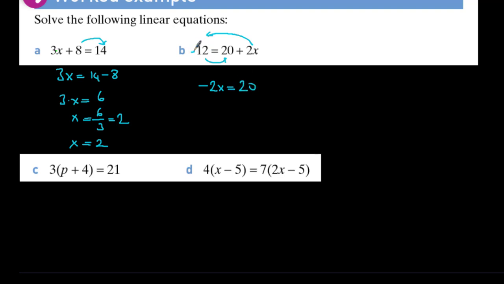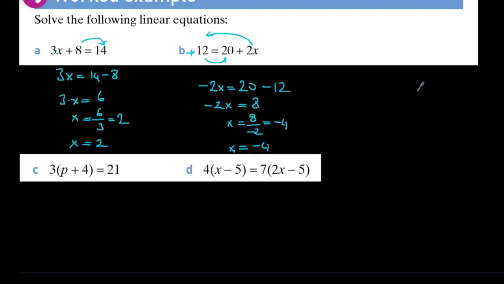It is not written, but we know this is plus 12, so it goes to the other side as minus 12. Then minus 2x is equal to 8, which is 20 minus 12, and x is equal to 8 over minus 2, which is minus 4. So x is equal to minus 4 is the solution of this linear equation.